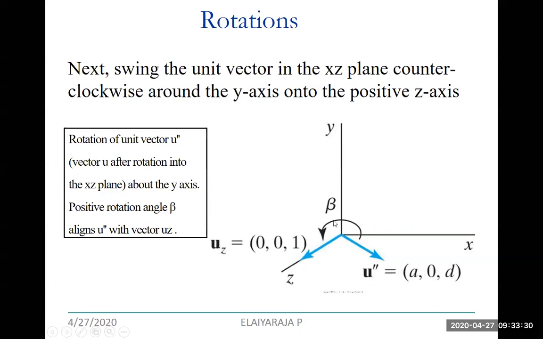So this says about rotation of unit vector u into the xz plane about the y axis, with positive rotation angle beta, which gives the new unit vector value u dash, the value you got with the first rotation.